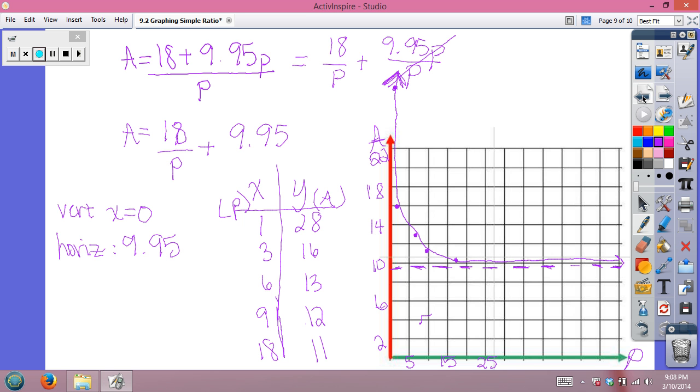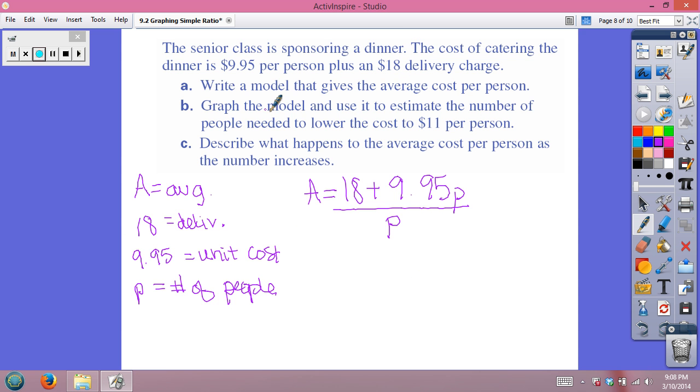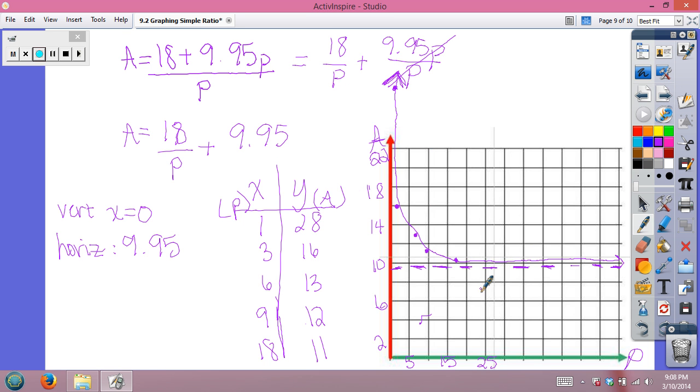Now the next part of our question asks, estimate the number of people needed to lower the cost to $11 per person. So if we want to estimate at 11, which will be our average, somewhere close to here, and the graph is going to show us that it's past 15, but not quite to 18.